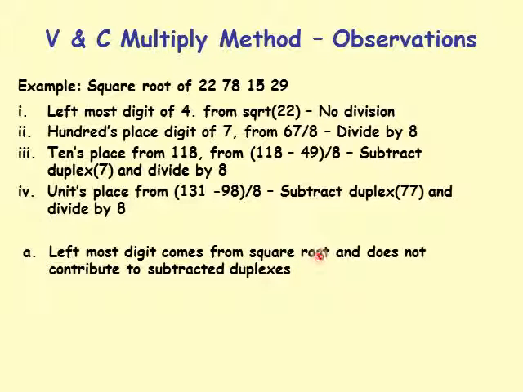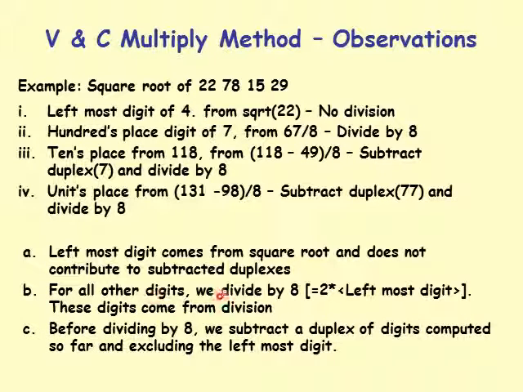Leftmost digit comes from square root and does not contribute to subtracted duplexes. So leftmost 4, we don't use 4 in any of the subtractions here. For all other digits, we divide by 8, which is equal to twice the leftmost digit. These digits come from division. So the first digit 4 came from the square root table of squares, and the rest of them need a division.